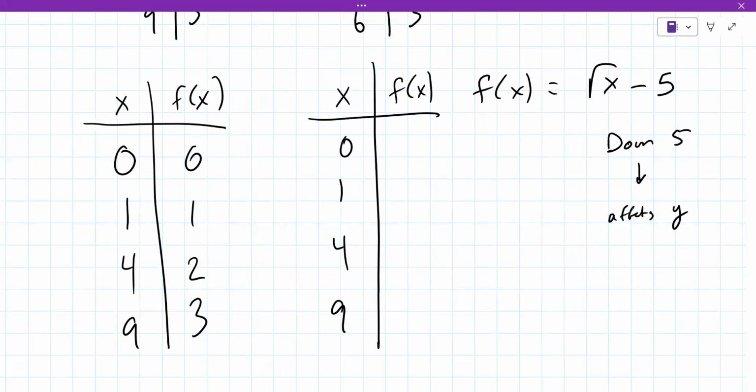Wait. So -5, -4, -1, and... no. Subtracting 5.